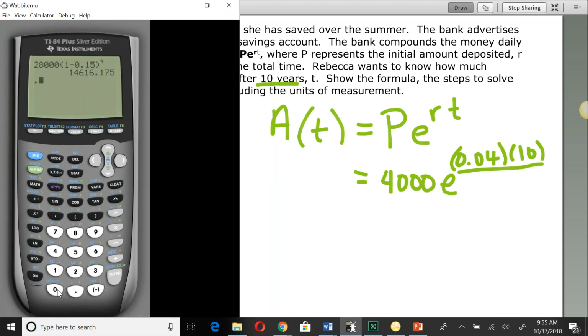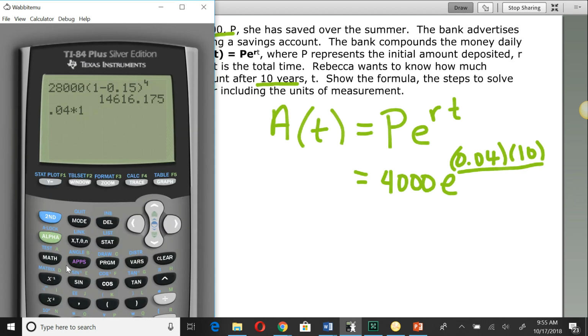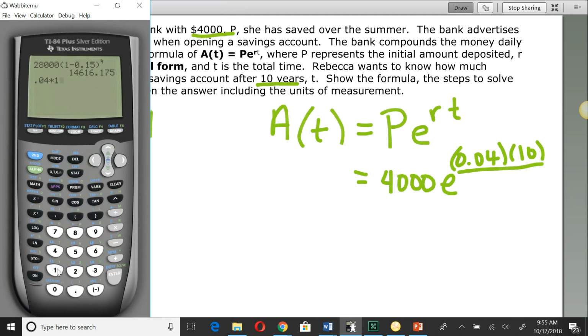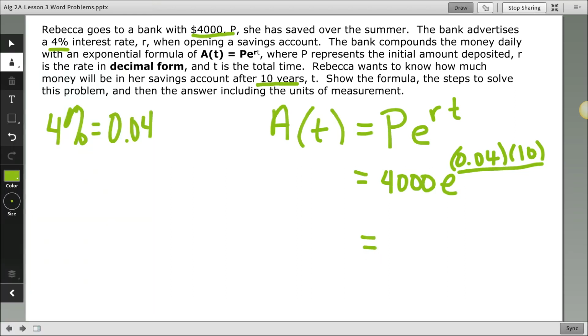So 0.04 times 10 is 0.4. So this will be 4,000 e to the 0.4. Calculate this on your calculator.